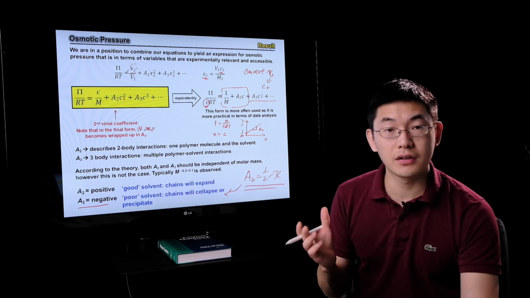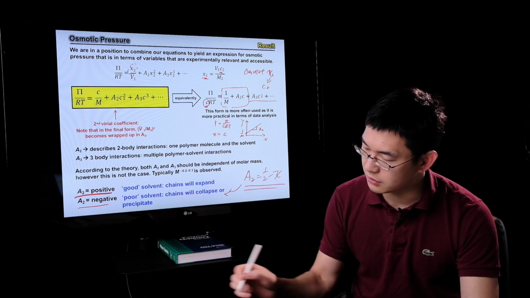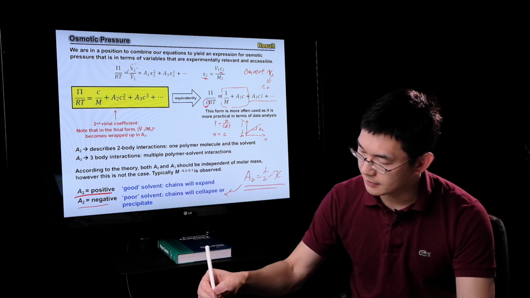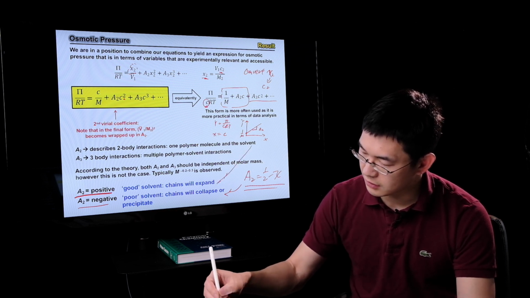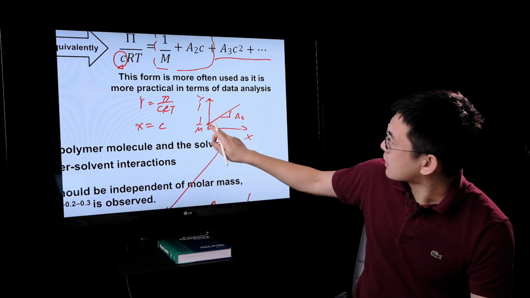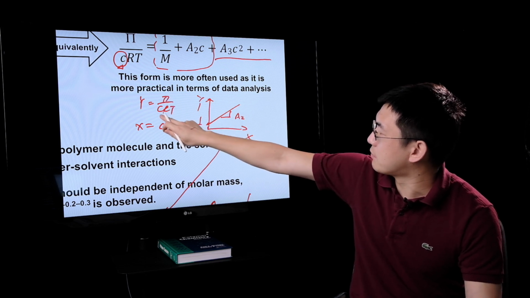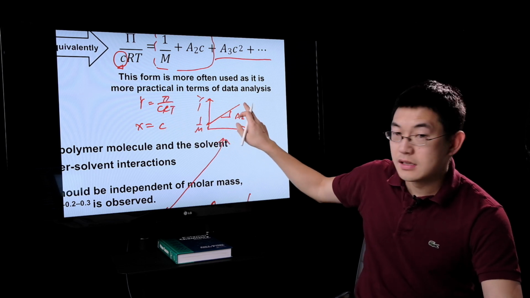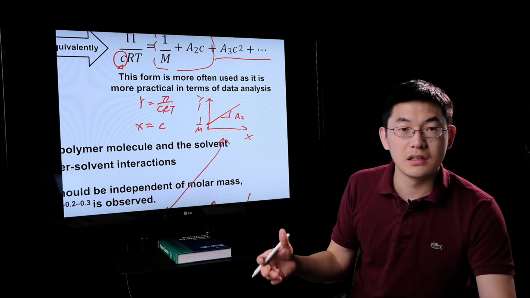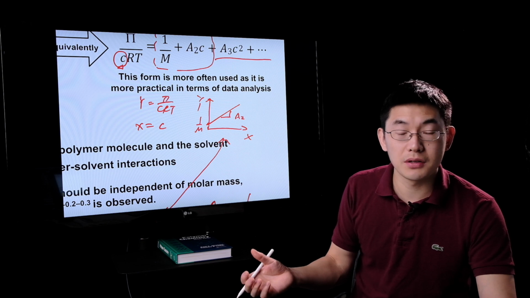If you have a good solvent, now you would have this A2 term, or this particular slope. If the A2 term is a positive slope, in this case it will increase with concentration for the osmotic pressure divided by CRT, then this tells you that you have a good solvent. The more polymer you put there, the more osmotic pressure you can measure.